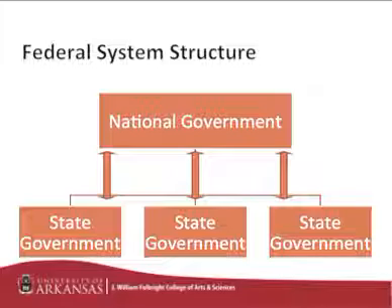With the federal system, we find that each level of government is independent from the other. Now, it's not something that we just see in the United States, but we also see it in other nations, including Canada to our north with its provinces, Switzerland with their cantons, as well as Germany with their Länder.